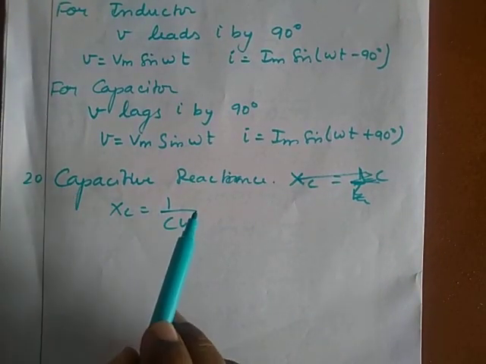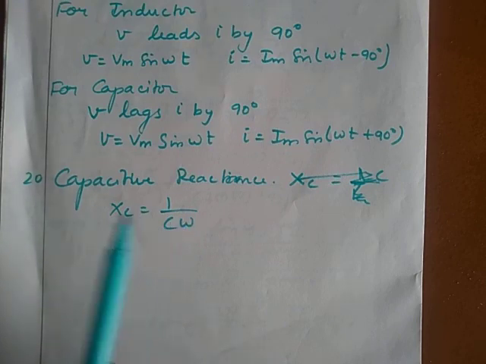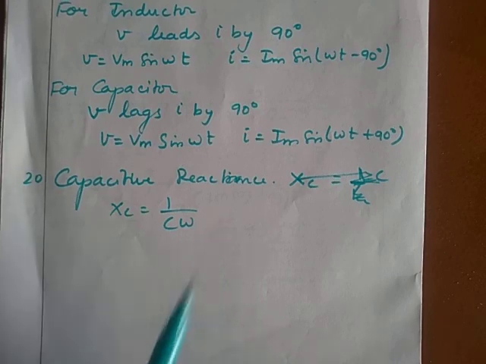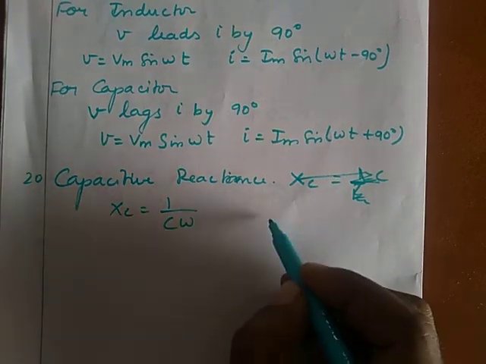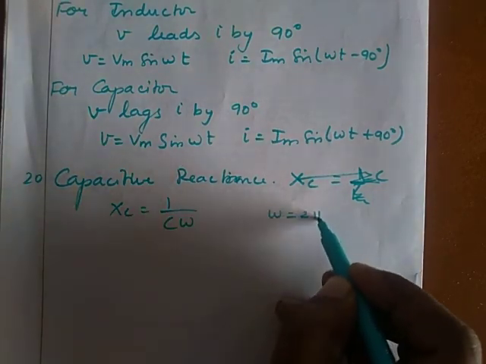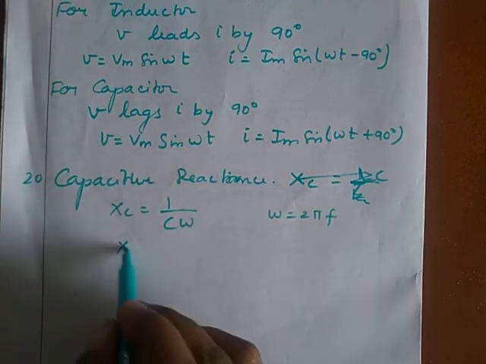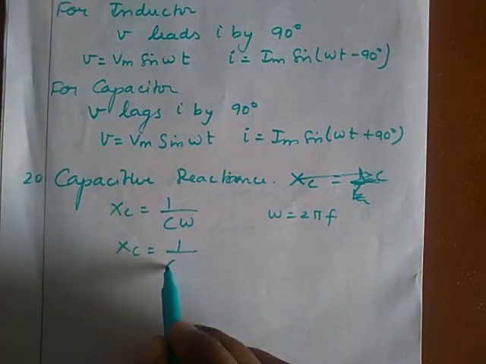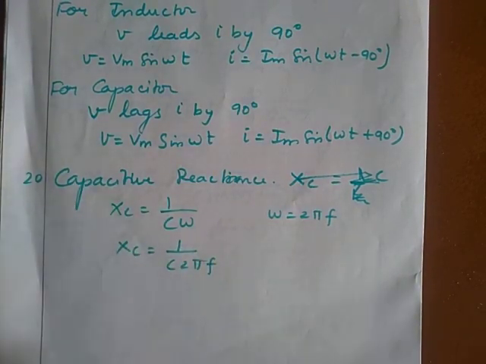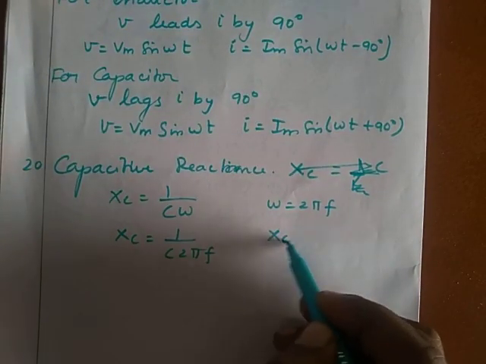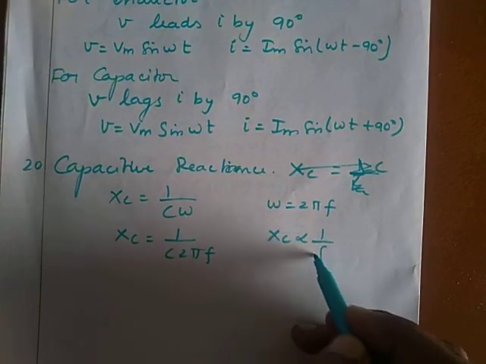Then we know omega is equal to 2 pi f, so this can be written as 1 by C 2 pi f. Here it depends on frequency.